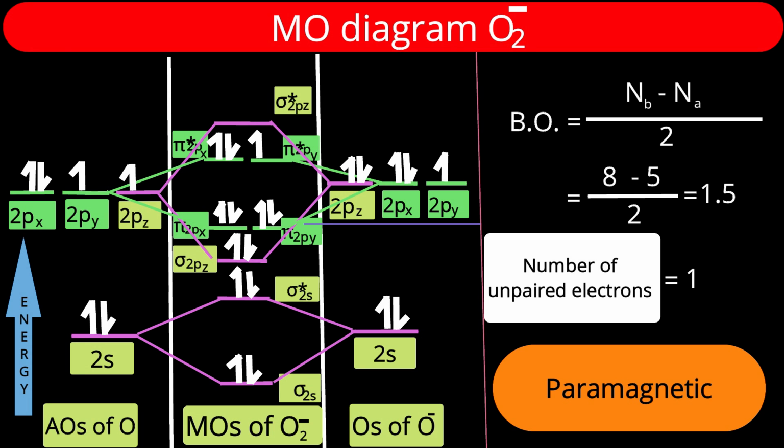Therefore, we say the sigma bond is stronger. If more interaction is there, then the stability of the resultant bonding orbital, the sigma 2pz, will be more, and the instability of the antibonding orbital, the sigma star 2pz, will also be more.